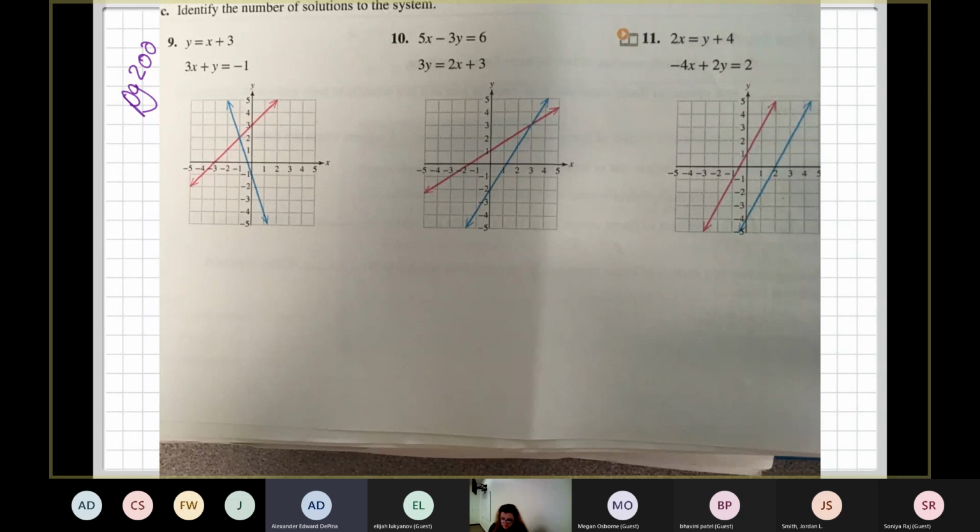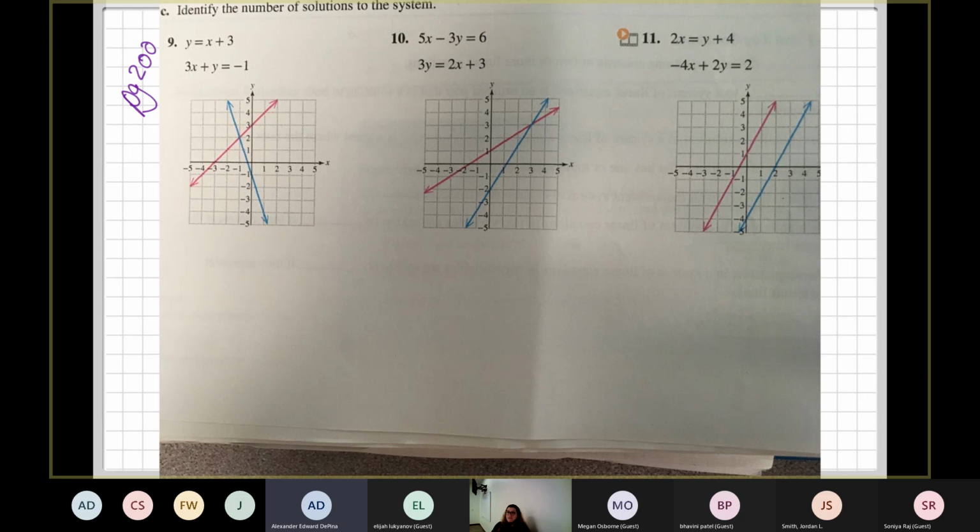Okay, let's take a look at some problems in the book. Identify the number of solutions and tell me what kind of system we have going here. Page 200, number 9. What kind of system is that?